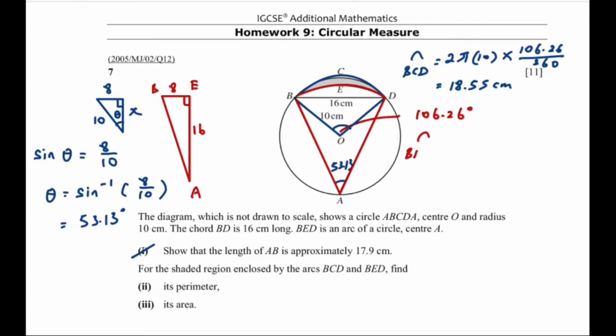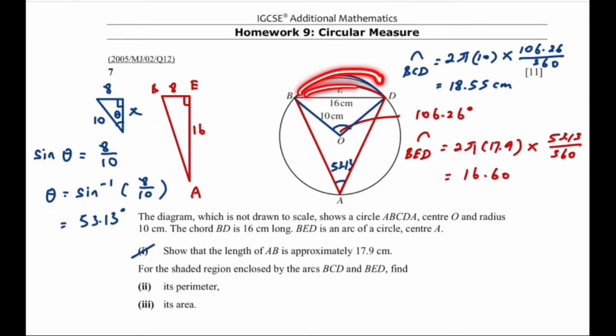Arc length BED equals 2 pi, where the R here is the length of AB, 17.9, times 53.13 over 360. So 16.59, so 16.60.